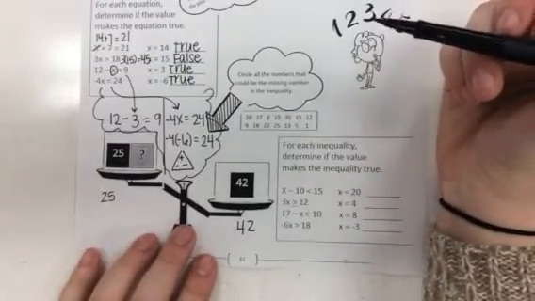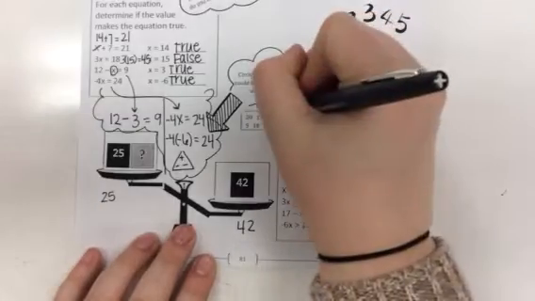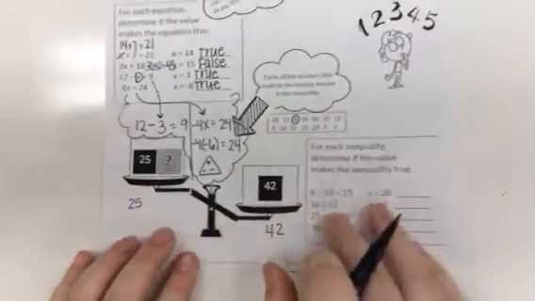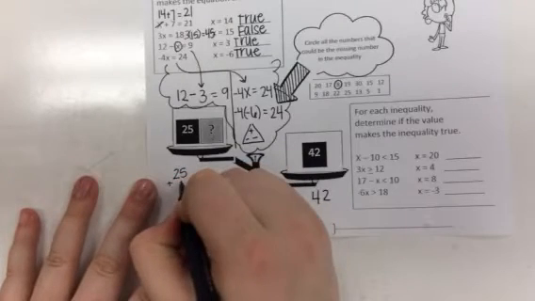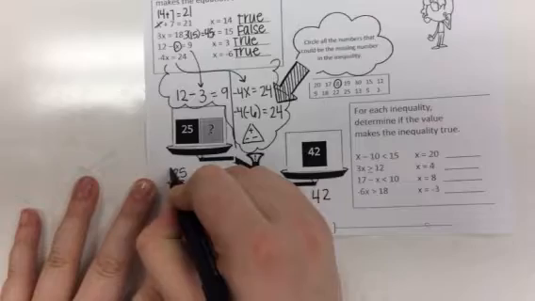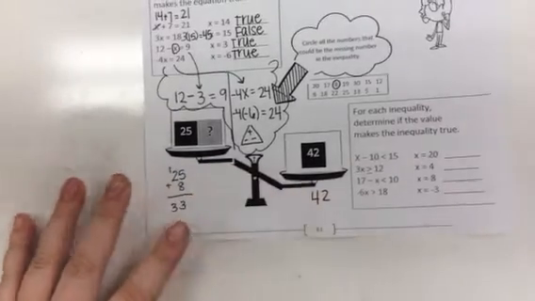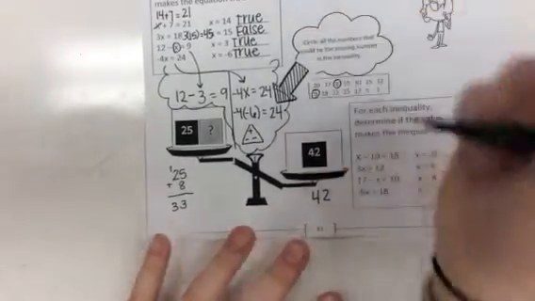So let's use 8. So 25 plus 8, I've got 33. Okay, so I've got 33 and let's use 9.